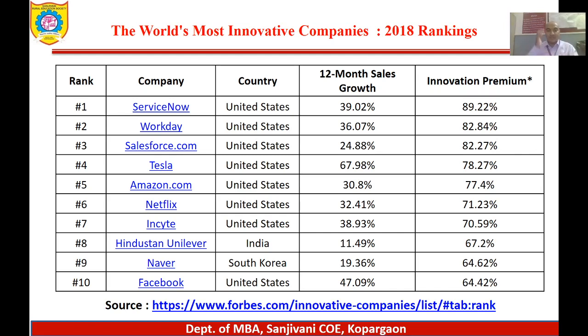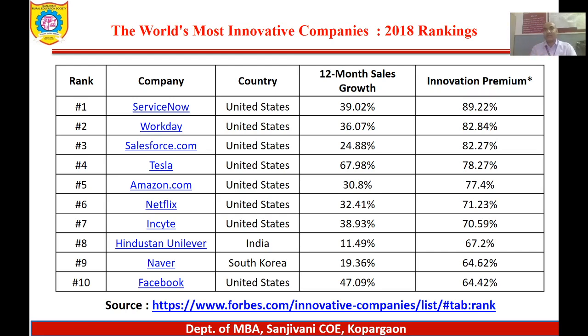Now, this is a summative table giving us the world's most innovative companies 2018 ranking. If we see the top 7 ranking companies, all belong to a developed nation, that is the USA.